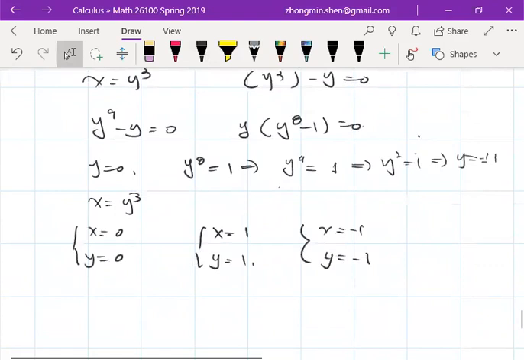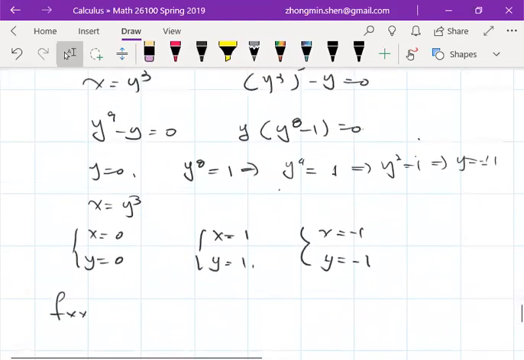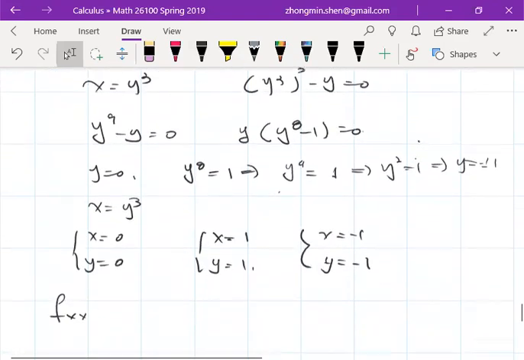At those 3 points, the first partial derivatives are all 0. I need to look at the matrix of the second derivatives. So I have to find the second derivatives of the function.